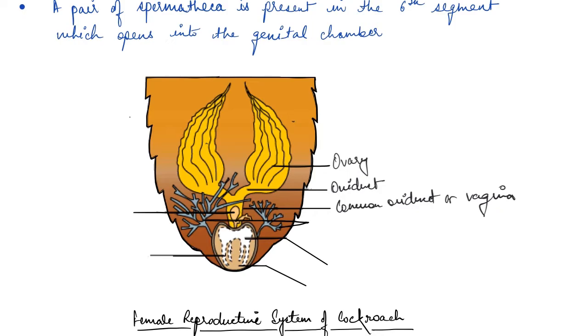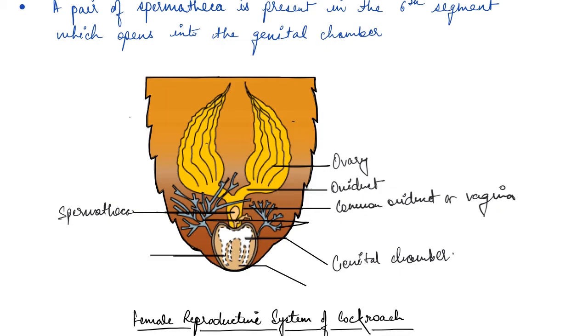Now, basically, what happens is this common oviduct opens into a genital chamber, right? And you have a pair of spermatheca. So here you have the pair of spermatheca, right?